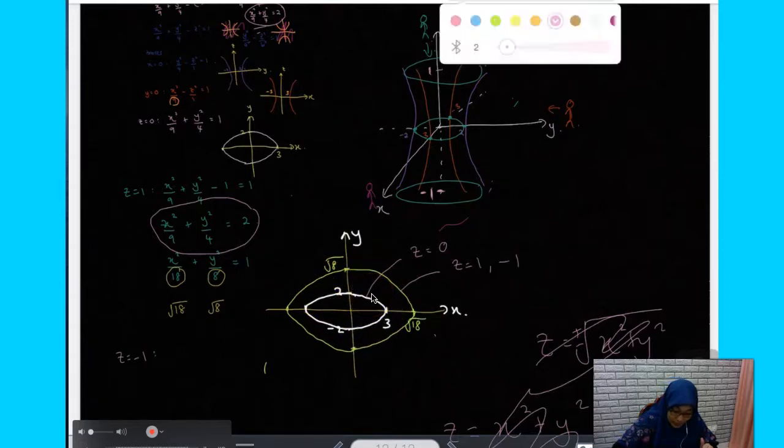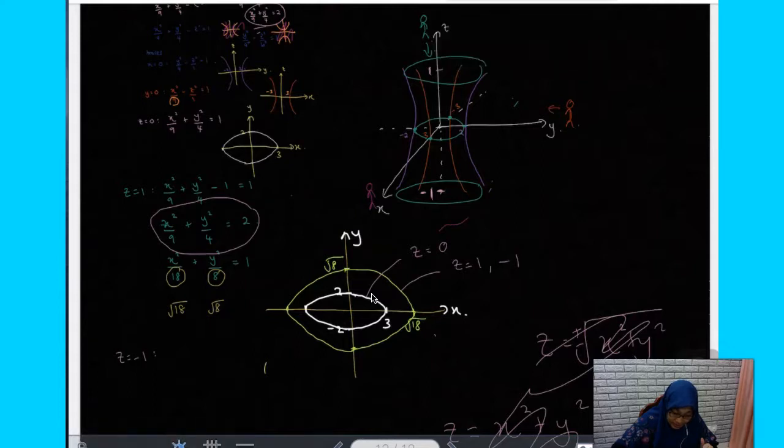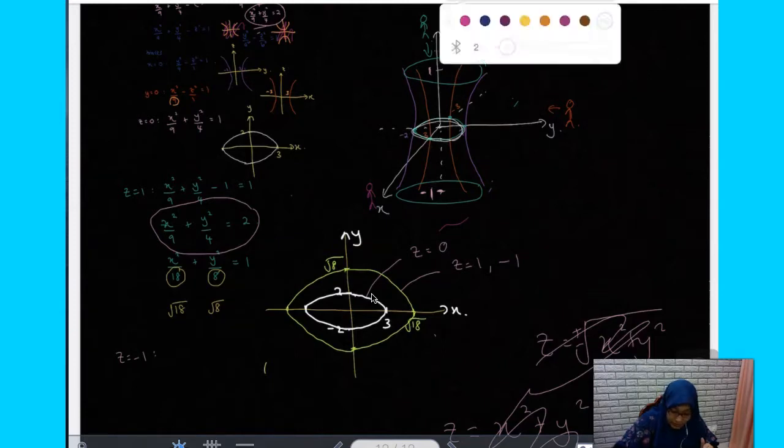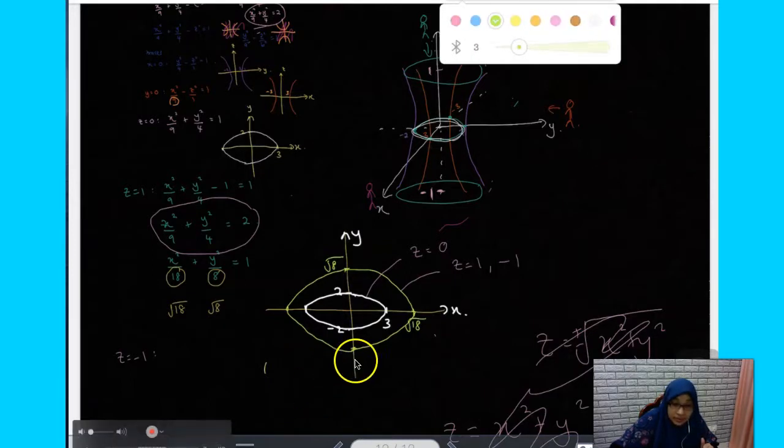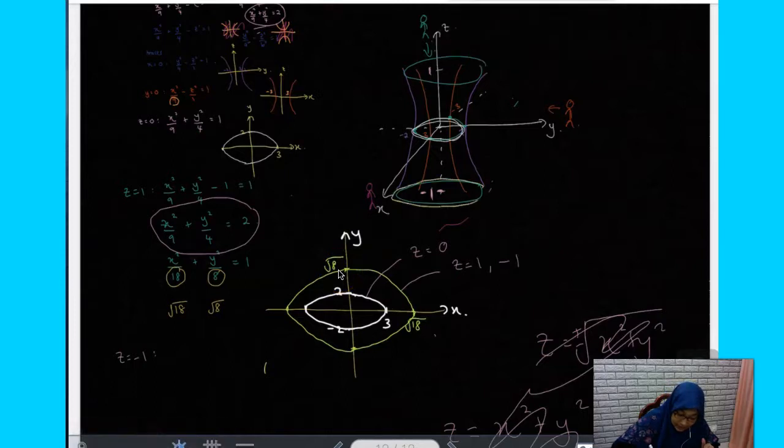The white one here is your z equal to 0, and for this one, the striking color, you can see it here and also over here.